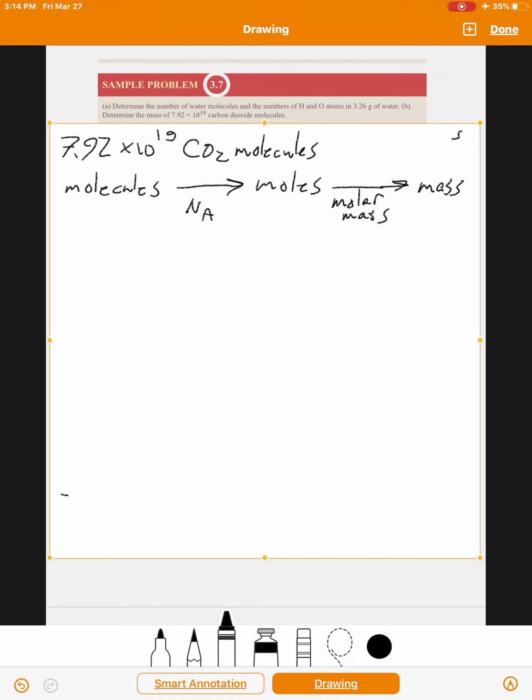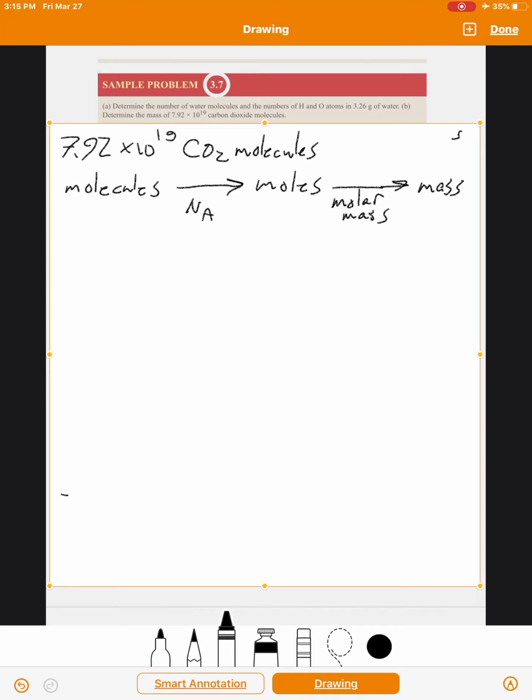Okay, that's the logic here. In fact, those are the 2 types of conversions that we're learning in these sections, which is how do you use Avogadro's number to get the number of moles from molecules or vice versa, and then how do you use the molar mass to go from moles to mass or vice versa. That's really the whole idea here. Okay, so let's try this example.